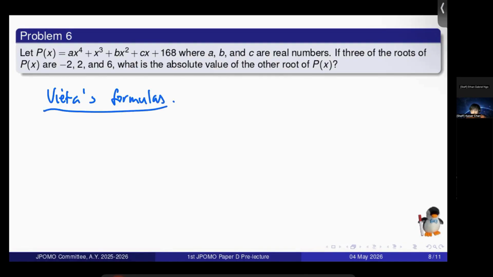Here I'll show it for degree 4, and then we can try to generalize it to an odd polynomial. So firstly, I'll just show the sum and product. The sum of the roots is always equal to the negative of the coefficient of this power.